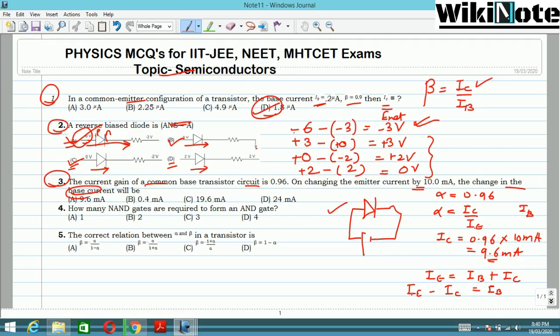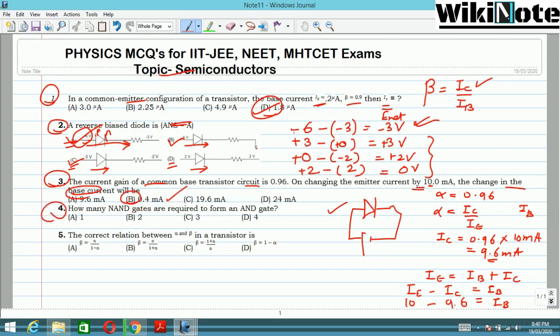But if you look at the IE, how to calculate the IE? Simply it's IC divided by alpha. We can also calculate the value of IE, or whether it is mentioned 10 milliampere already. So 10 milliampere minus 9.6 milliampere as IB, and if you look at the answer, I will get the answer as 0.4 milliampere. So that should be my solution.